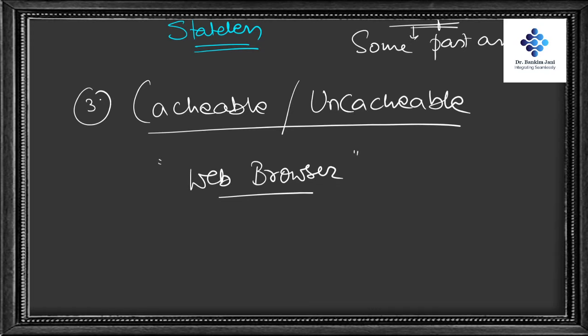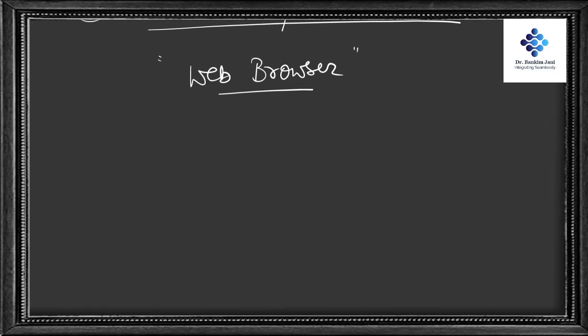We go to a specific server, we say that yes, I want that page, and the server feeds that page to us, and that's what we see on our screen.